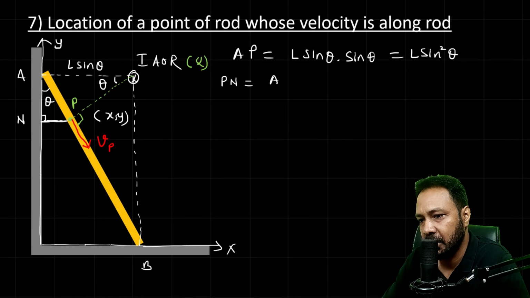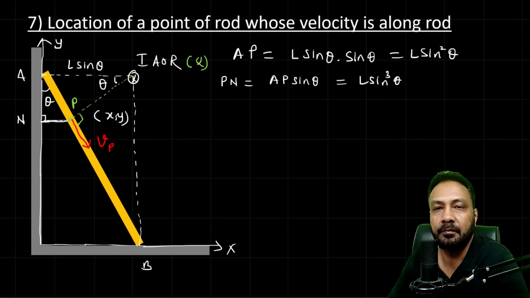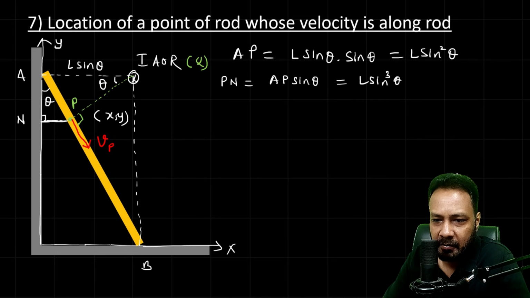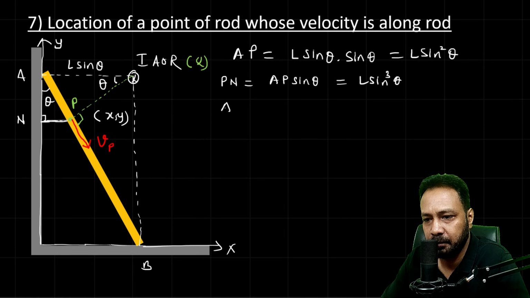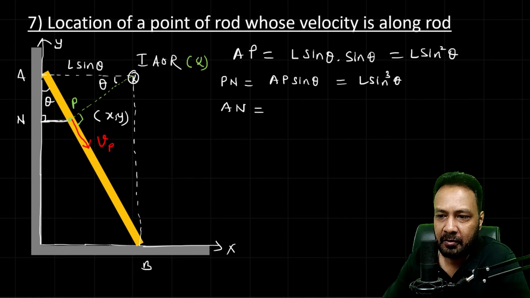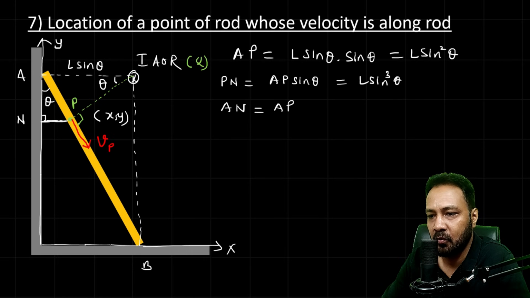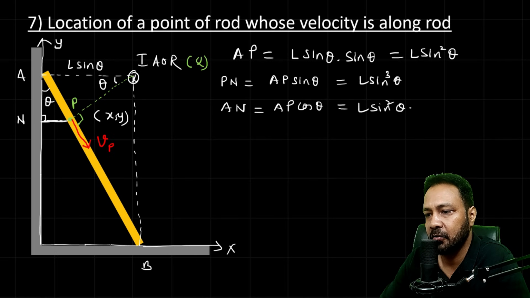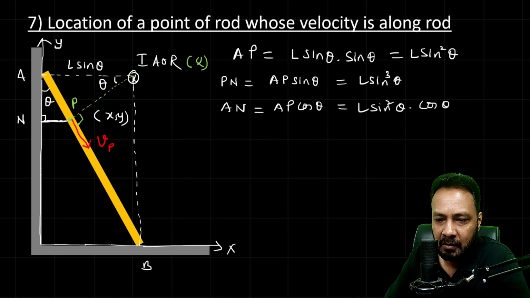So Pn is AP sine theta, that would be L sine cube theta. Alright, and now An is equal to AP cos theta, so that would be L sine square theta into cos theta.